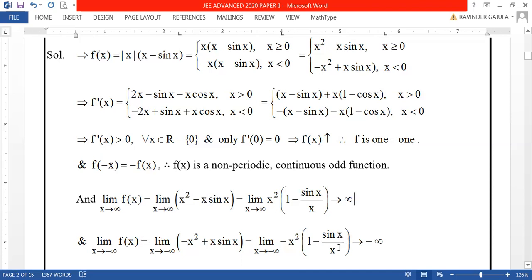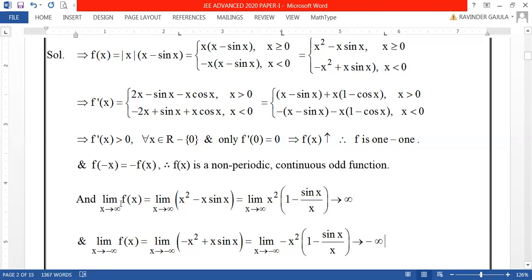The sin x by x tends to 0, so this is 1. On the whole, this goes to minus infinity, because as x tends to minus infinity, x square tends to infinity, but minus is there, and 1 minus 0 is 1. Therefore, as x tends to minus infinity, this goes to minus infinity.